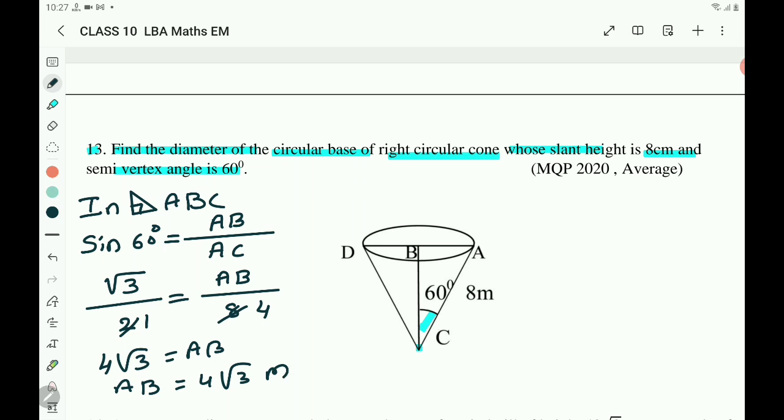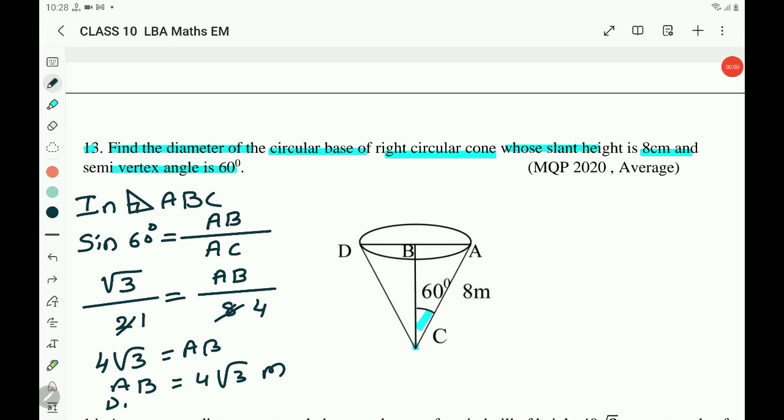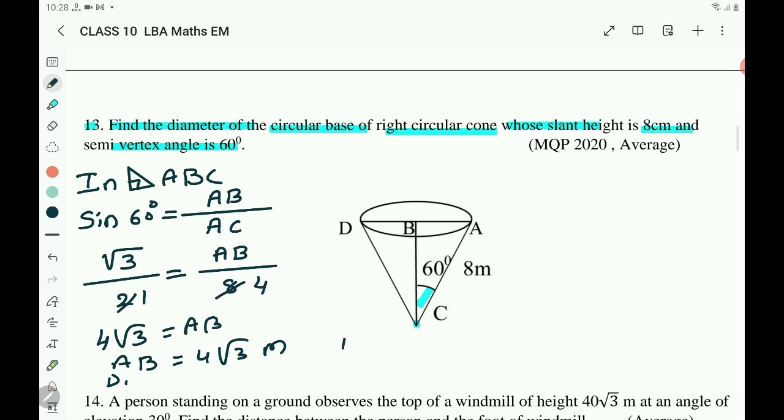What is asked here? What is to be found out? We have to find out the diameter. You got the radius. Here AB is the radius, and diameter is twice the radius. Then you write diameter AD equals 2 into 4 root 3, twice the radius.